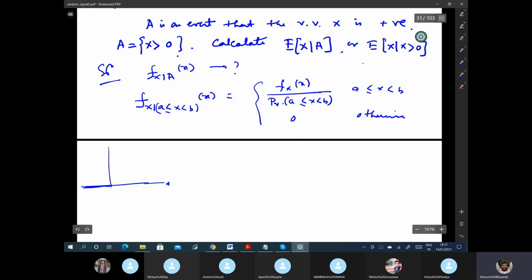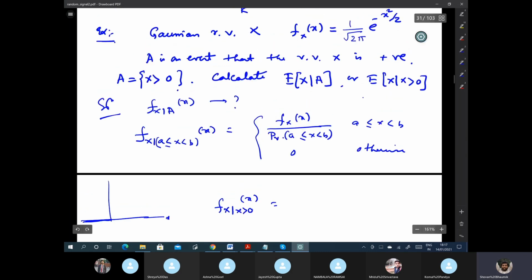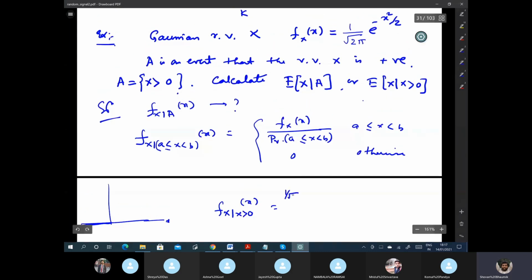When x is greater than 0, f of x given A is 1 by root 2 pi e to the power minus x square by 2, divided by the probability of x greater than 0.